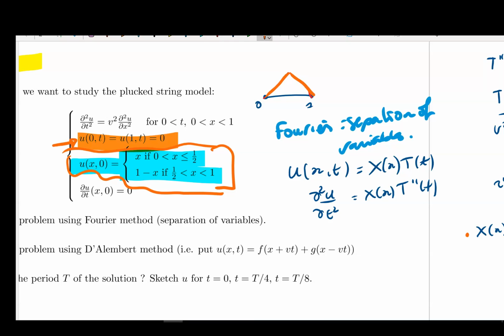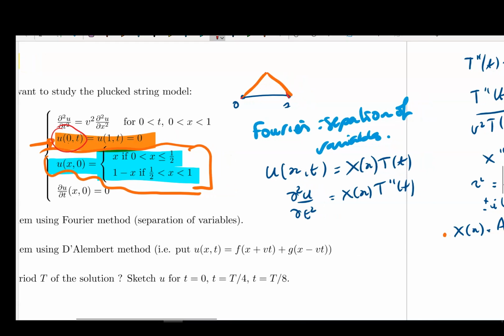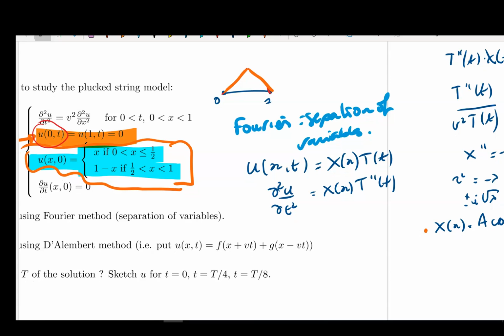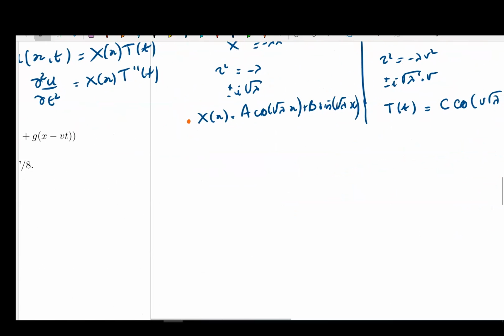Okay, so the first condition that I've got is concerning u of 0,t, so when x is equal to 0 and t is non-zero, I should get 0. So let's see what it means. U of 0,t, that's my first boundary condition, is equal to 0. That means that X of 0 times T of t is equal to 0.